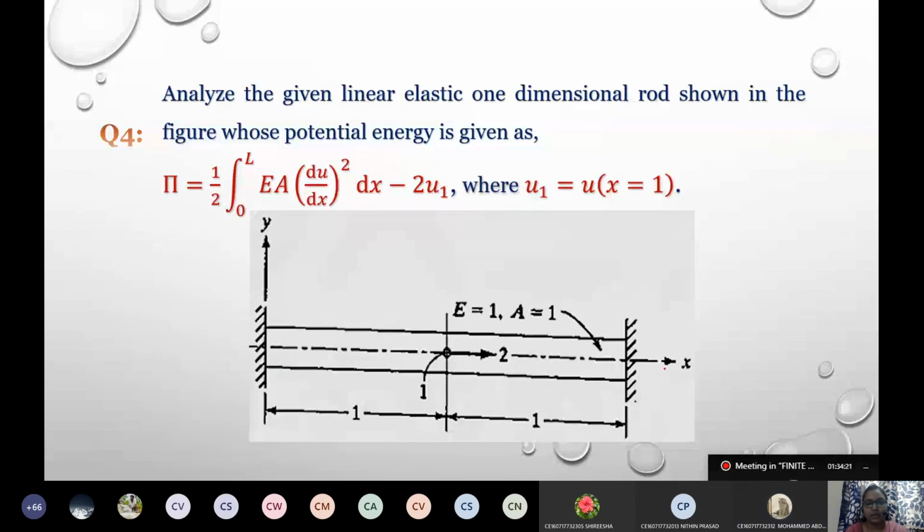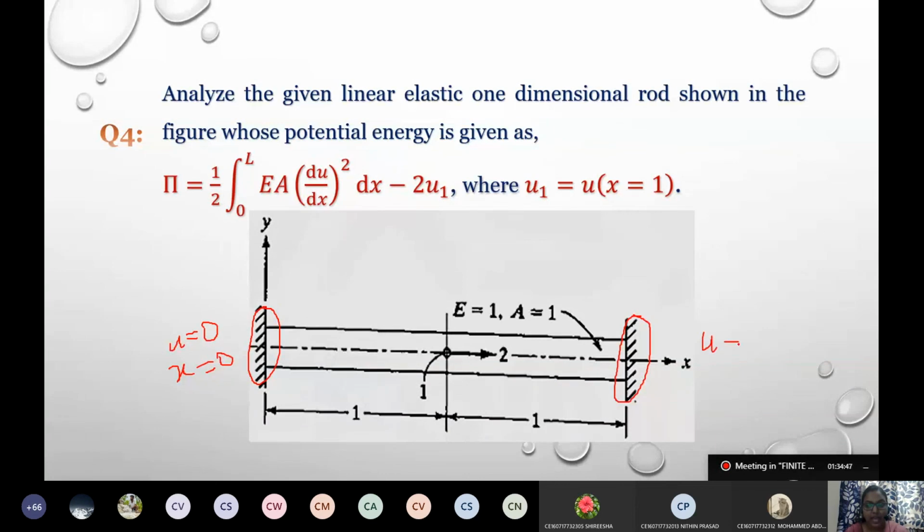See here, in x direction, the load is applied. And we have the rod constrained at both the ends. That is the boundary condition of the rod, which means u will be equal to 0 at x is equal to 0. There will not be any displacement. It is a fixed support.